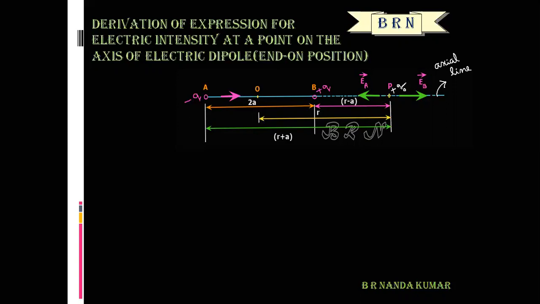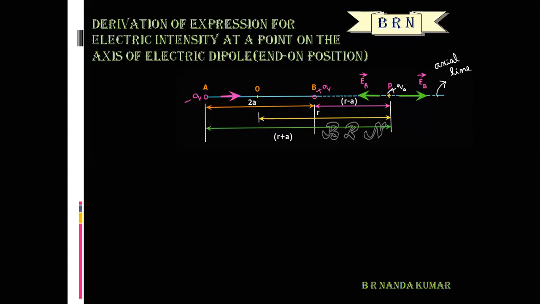So plus q naught is placed at the observation point P. Due to minus q, what happens? Plus q naught will experience an attractive force, right? So that is why the direction of electric intensity at point P due to minus q at A is along PO. It is directed towards the center of the electric dipole.